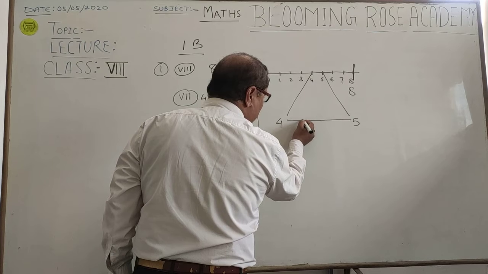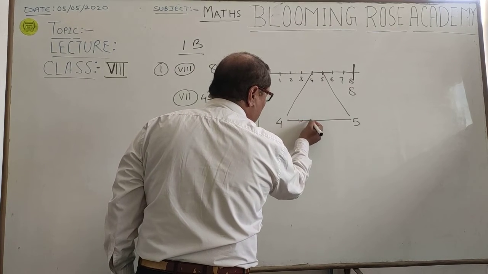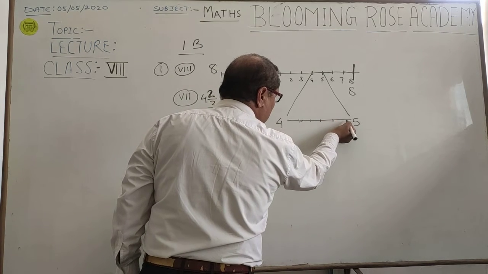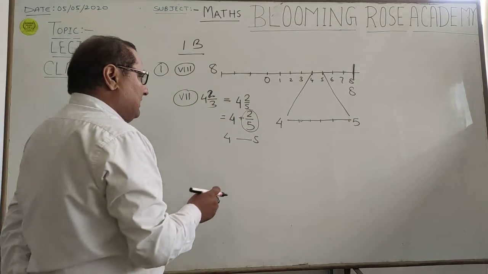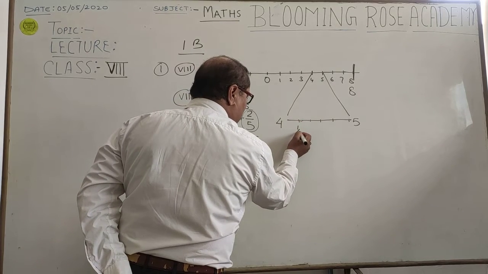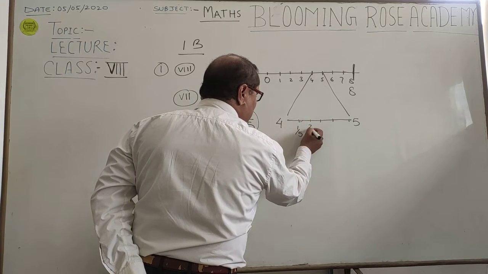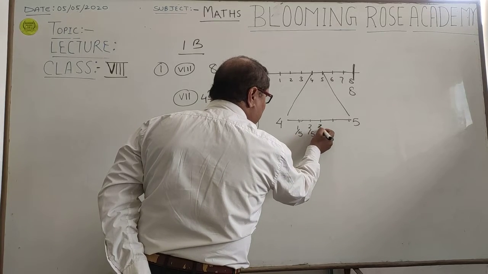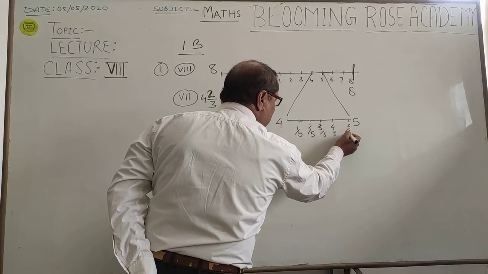We have to divide 4 to 5 into 5 parts: 1, 2, 3, 4 and 5. This part can be written as 1 by 5 because it is the first part out of 5, this part as 2 by 5, and this as 3 by 5, 4 by 5 and 5 by 5.